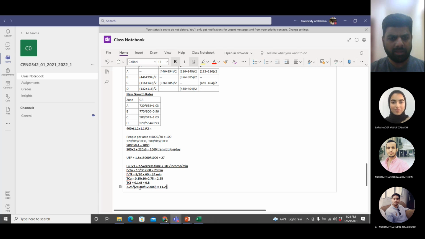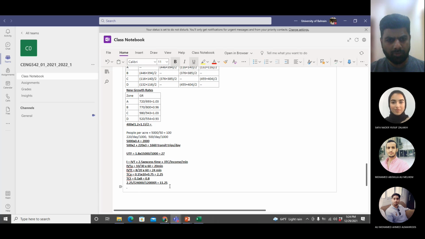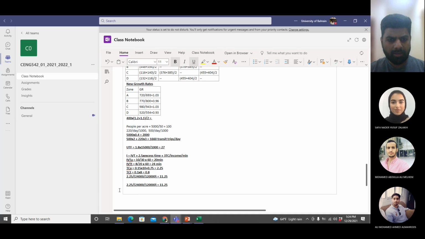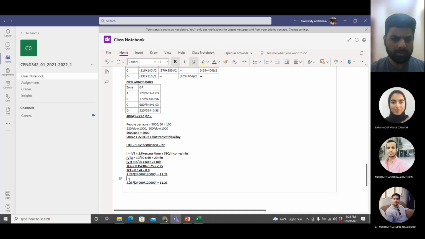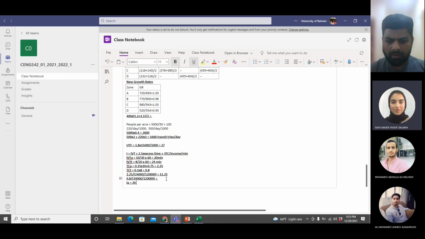And then you do the same thing for transit as well. This is for automobile, so only this will change. This will be 0.8. So how much is this now? Four.